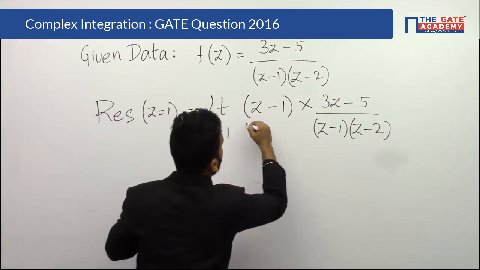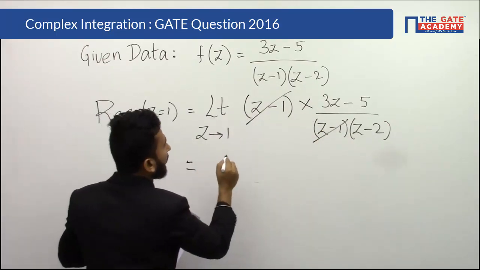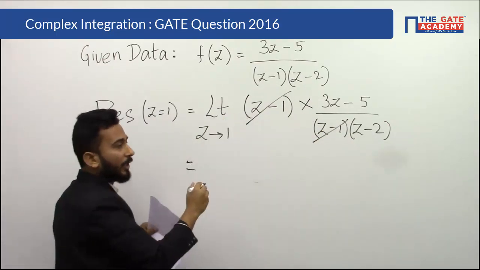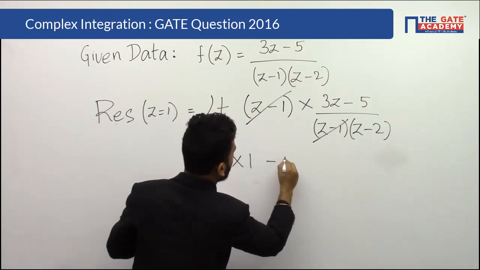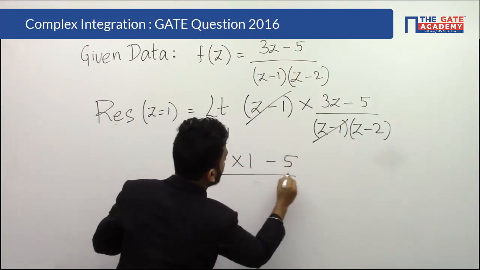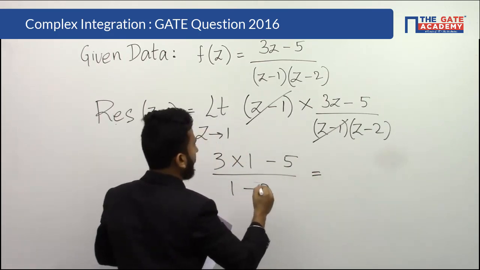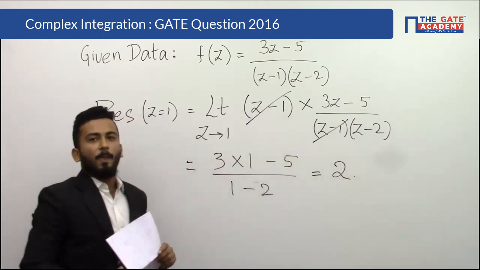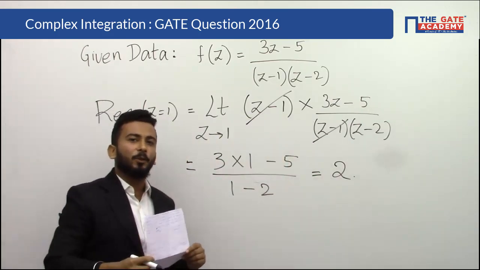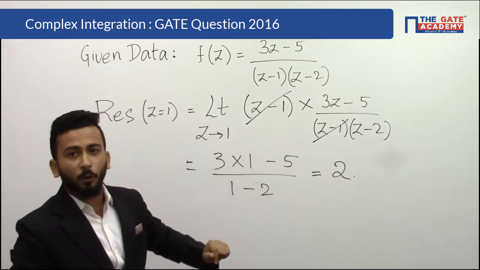Let me do this for you. On putting 1 in this function, it will give (3 minus 5) by (1 minus 2), which is (minus 2) by (minus 1). So the value of the residue for z is equal to 1 gives me 2.